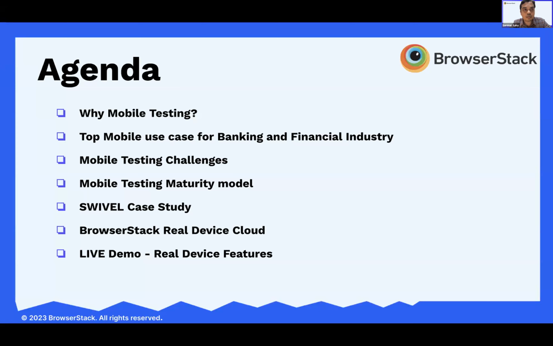Then we'll also take a quick look at the Swivel success story with a case study and how BrowserStack has helped them deliver a seamless experience for the complex use cases in the finance and the payment sector. With that, I'll hand it over to you, Nagmani, and you can share your screen.